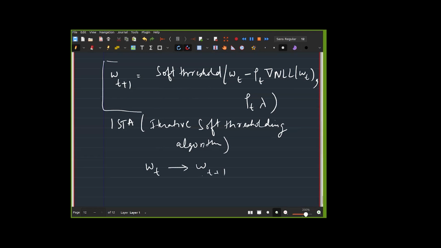So anyways, the point is soft thresholding is a shrinkage operator, and we can combine it with gradient descent in a certain way to get this final solution. And right now I cannot go into it, but this category of solution comes under something called proximal methods, and it's okay not to understand that.